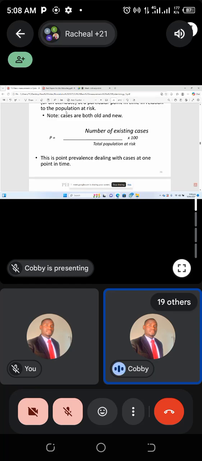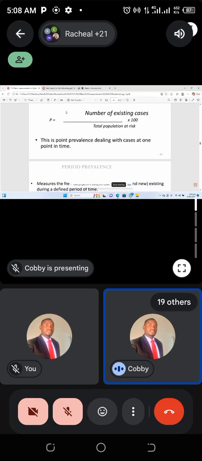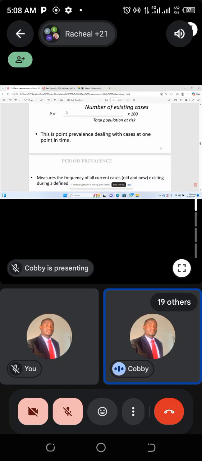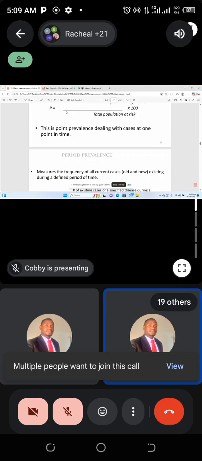Number of existing cases at a particular time divided by the population at risk. So prevalence, we are going to have two types of prevalence. There is point prevalence, which looks at the number of cases at one point in time.